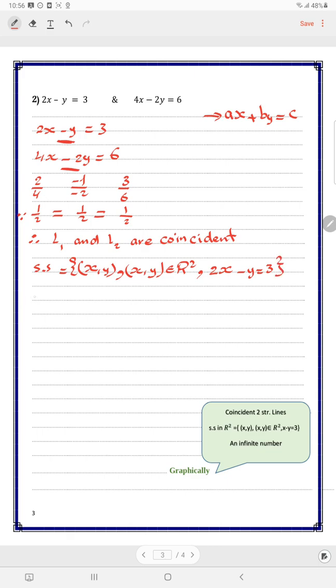So, how many solutions? The number of solutions here is infinite, any point. If I look at the answer using the algebraic method, I will find the same answer as in the graphical method.